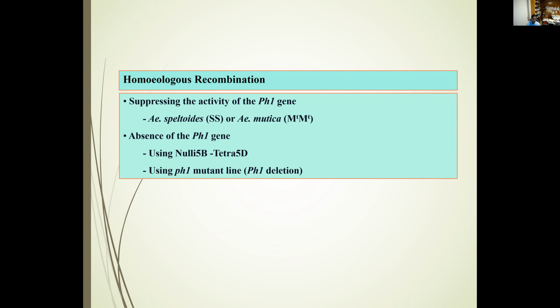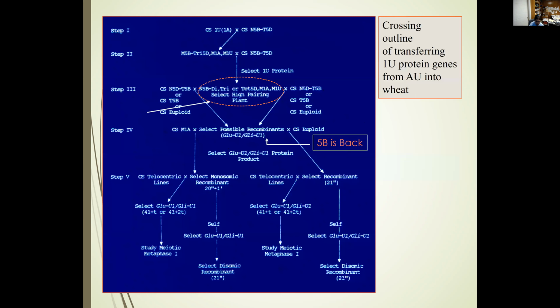Dr. Ernie Sears transferred the leaf rust resistance gene from Aegilops elongatum using that suppression as well as a nullisomic line. One can use the deletion line, which is called a mutant, but in fact it was deleted from the 5B chromosome.